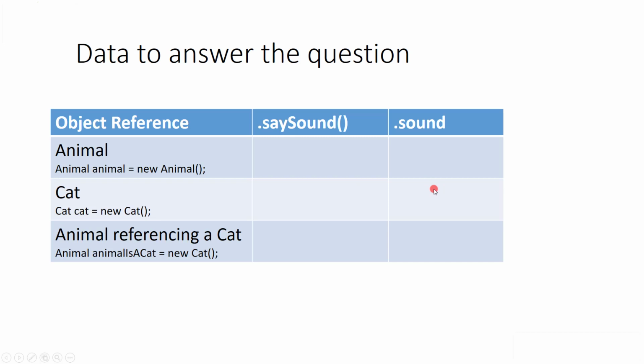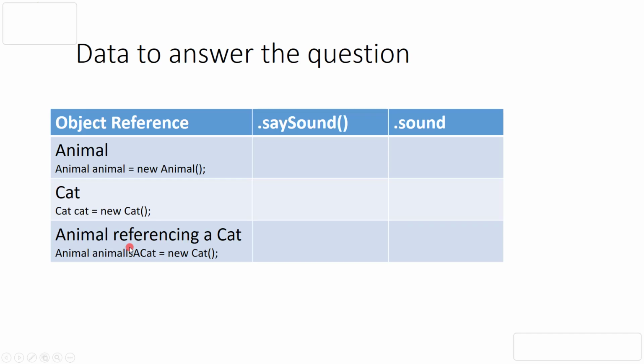And finally, we're going to look at a Cat object that's being stored in an Animal object reference and look at its saySound and sound variable. If you note here, we don't need any cast to Animal because this is an upcast, since all cats are animals. So let's now switch over to the Java code and run the examples so that we can fill out the table.